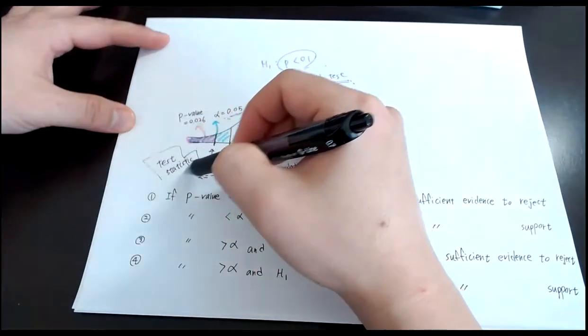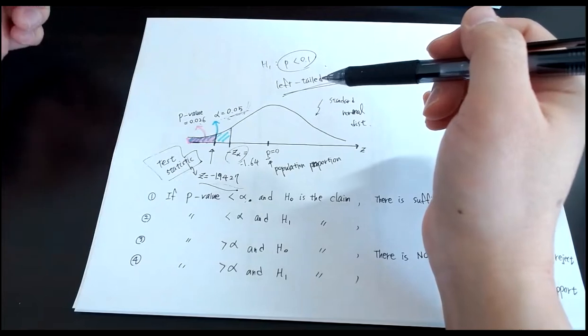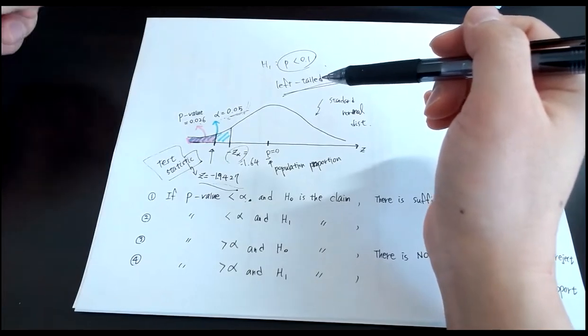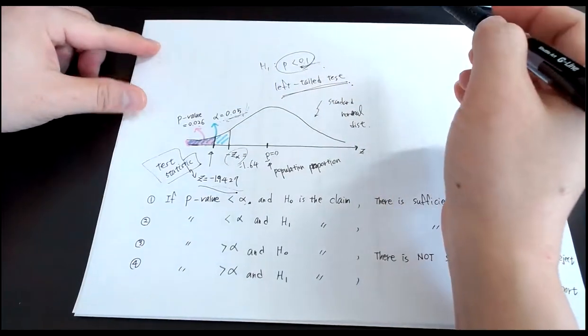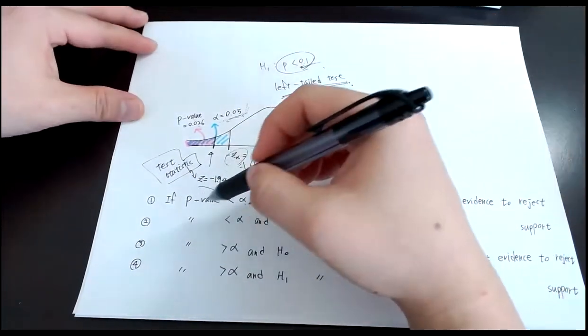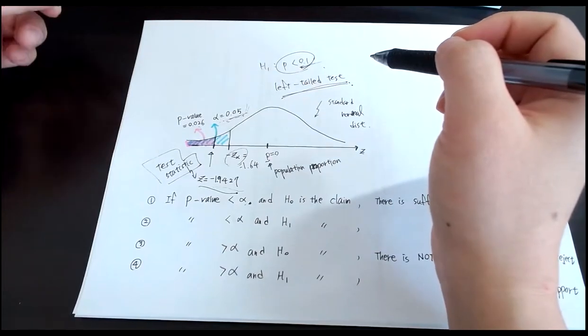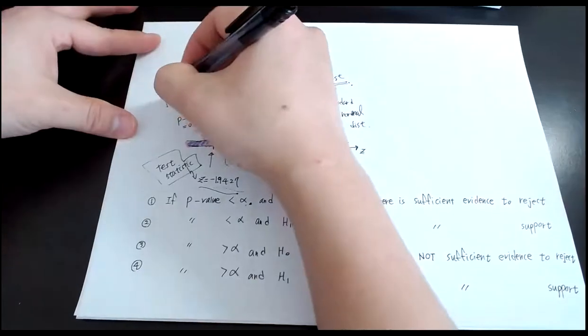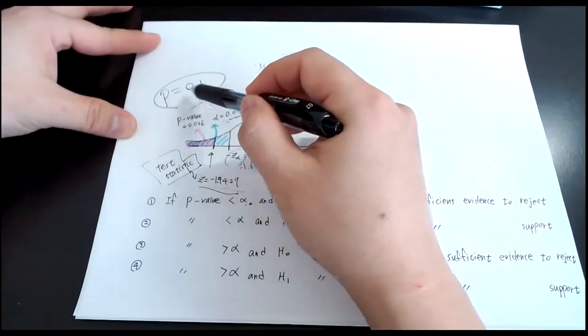The test statistic, we got from the sample proportion p hat and 0.1 from the claim, right? We assume that the null hypothesis is true. So p is 0.1. We assume that the population proportion is 0.1.